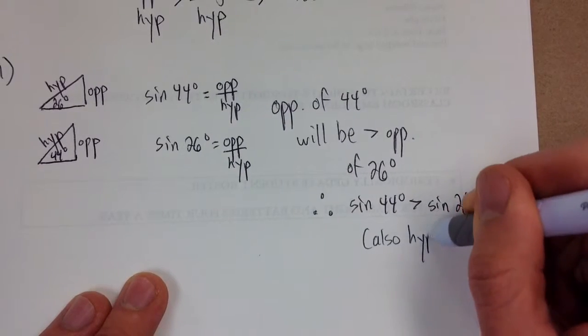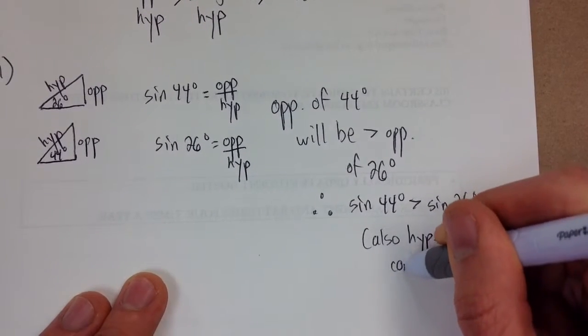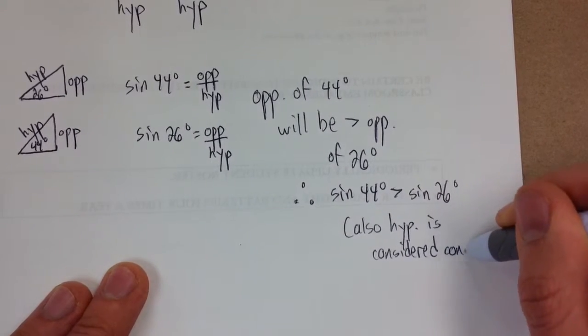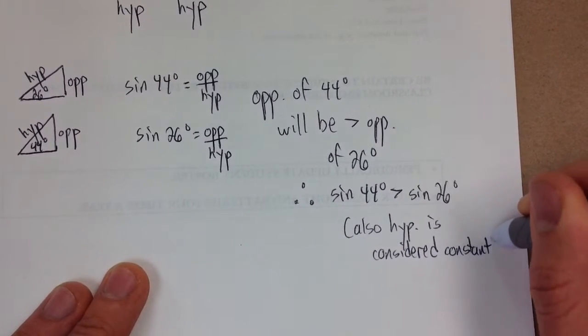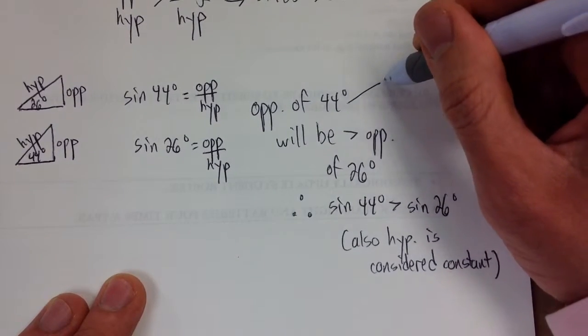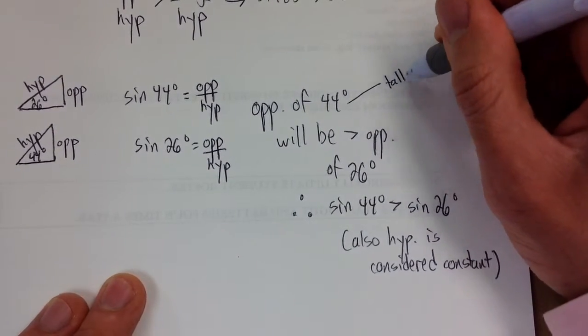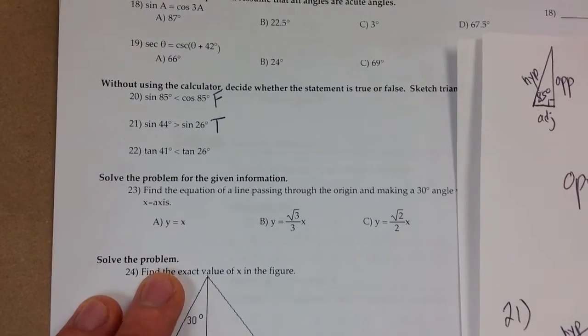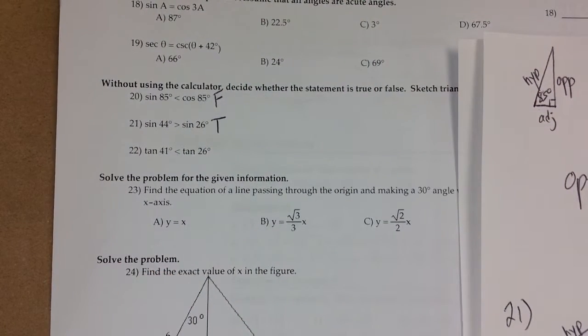Also, the hypotenuse is constant, or considered constant. Yep. So this would be true. Any questions on 21? Yes?